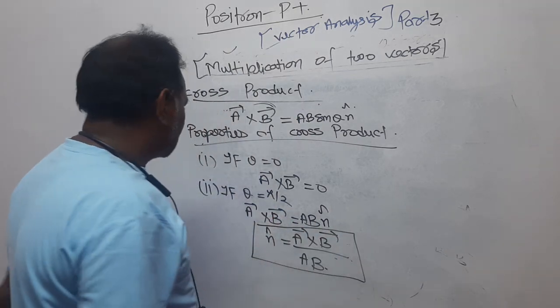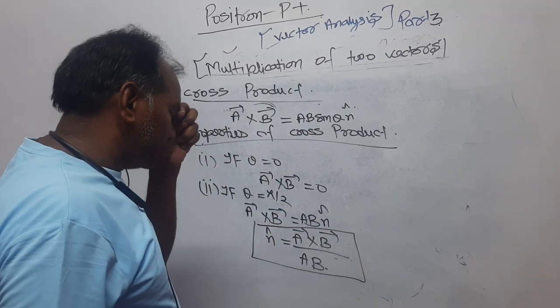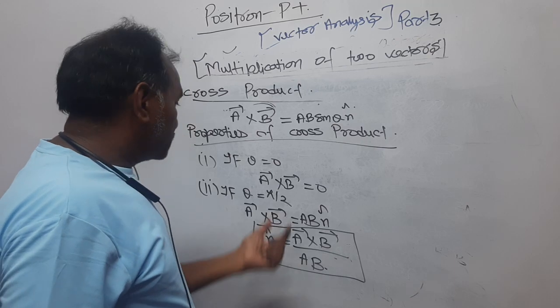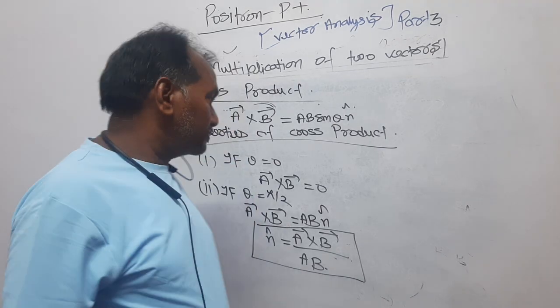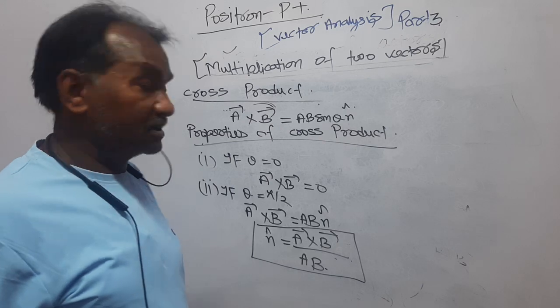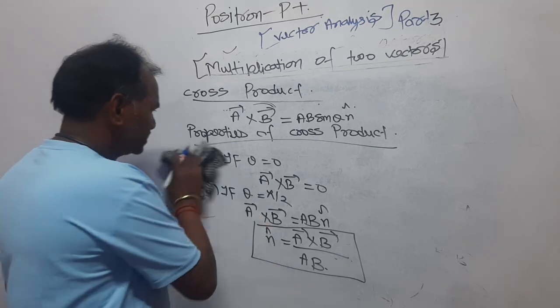In this way, this is the unit vector of A cross B in the case when the two vectors are perpendicular to each other.